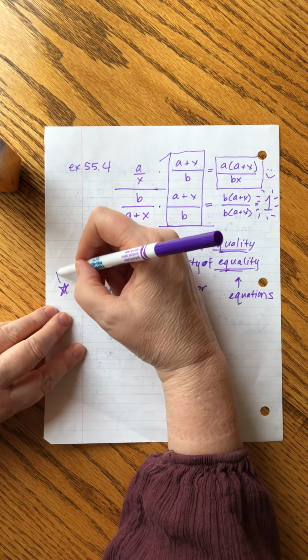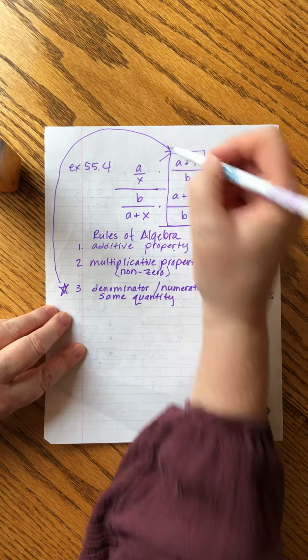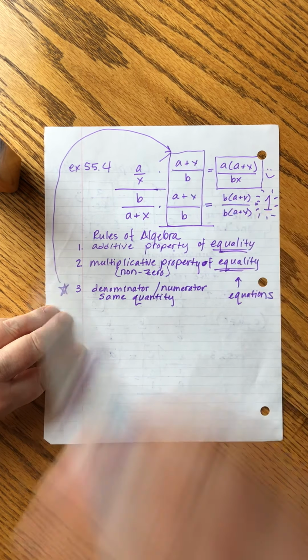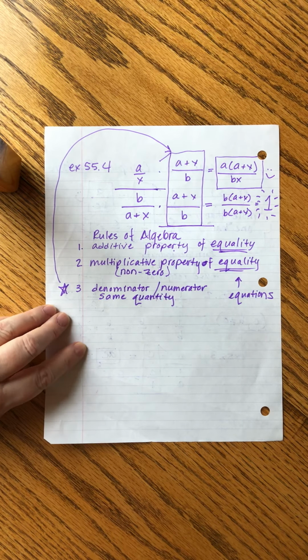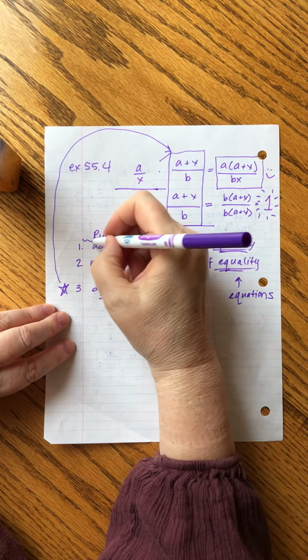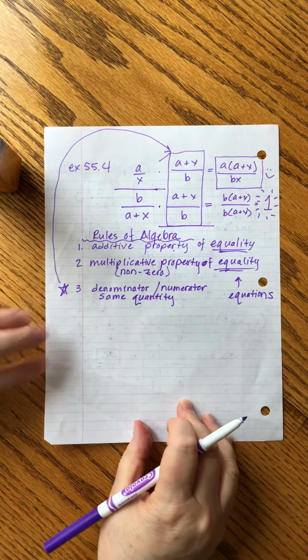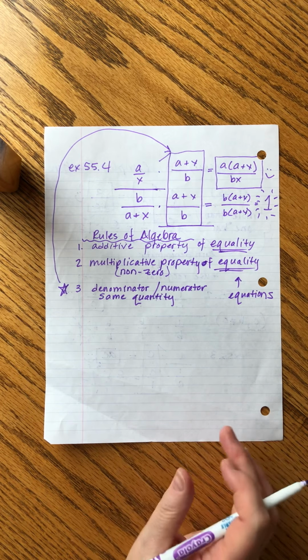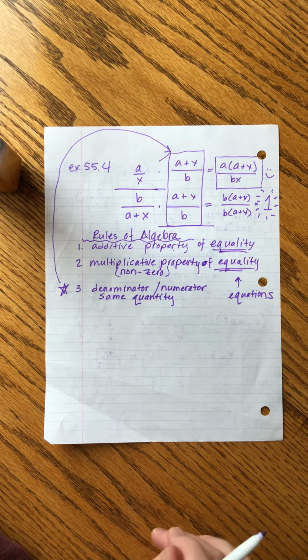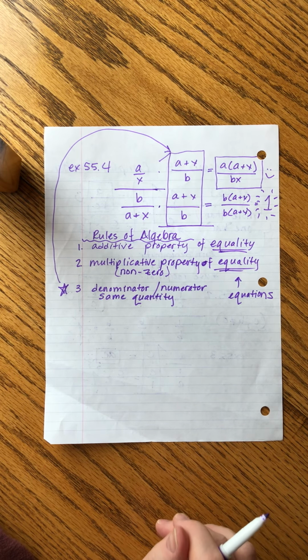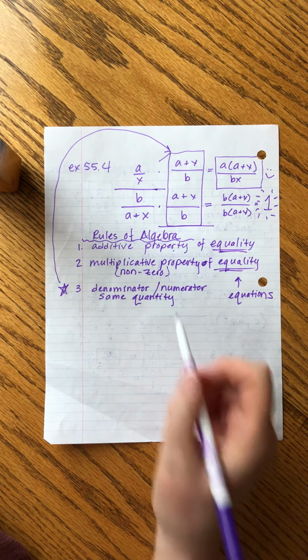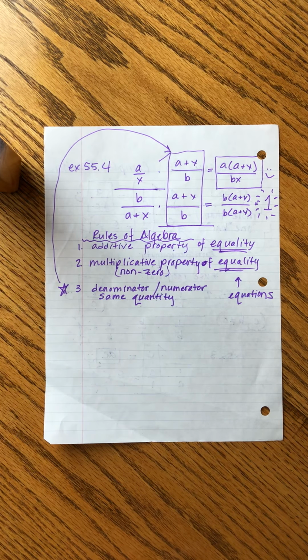It's exactly what this is, right? Denominator and numerator are being multiplied by the same quantity, so everything's good. So this is just a little theoretical explanation of what we're doing and why it's okay. But you know what? Complex fractions are fun. You're going to love them, and just remember you're using that third rule of algebra whenever you simplify complex fractions. I'm done.